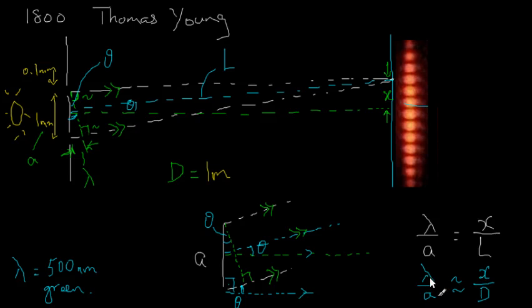So x would be lambda over a times D. I'll try and calculate x here. Multiply both sides by D, so x is approximately lambda D over a.